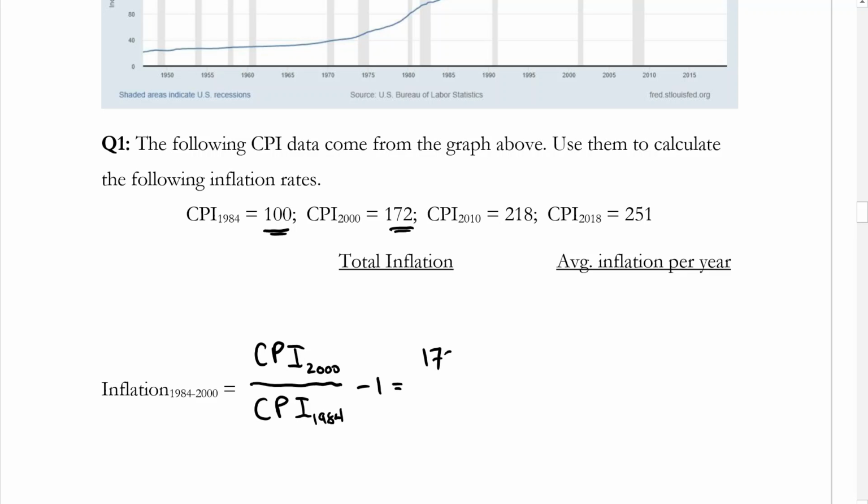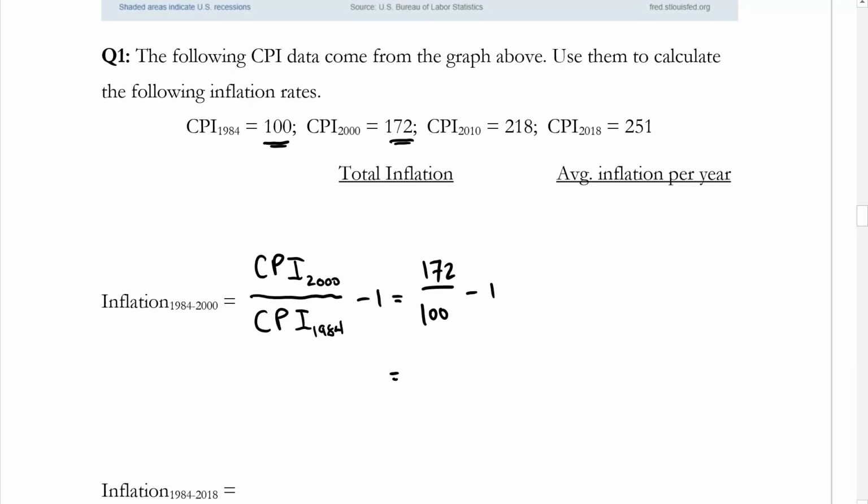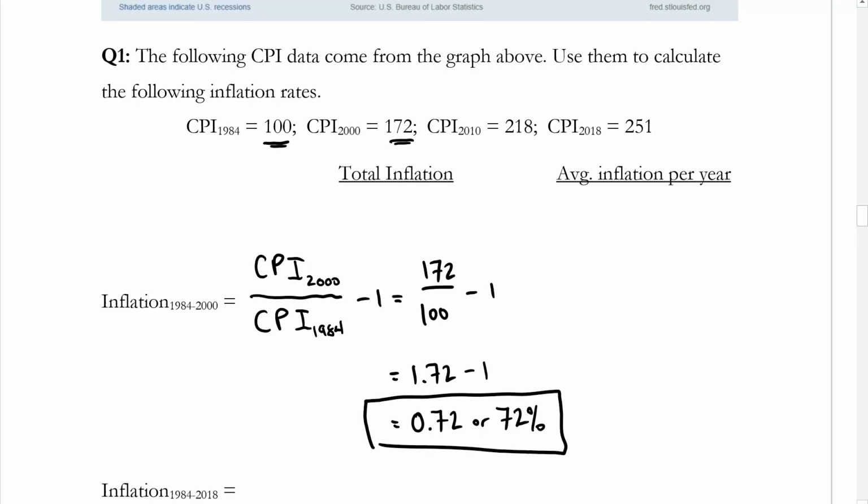And so that's going to be 172 over 100 minus 1, or 1.72 minus 1, which is 0.72 or 72%. So the total inflation over that entire time period is 72%. So prices rose by 72% between 1984 and 2000.